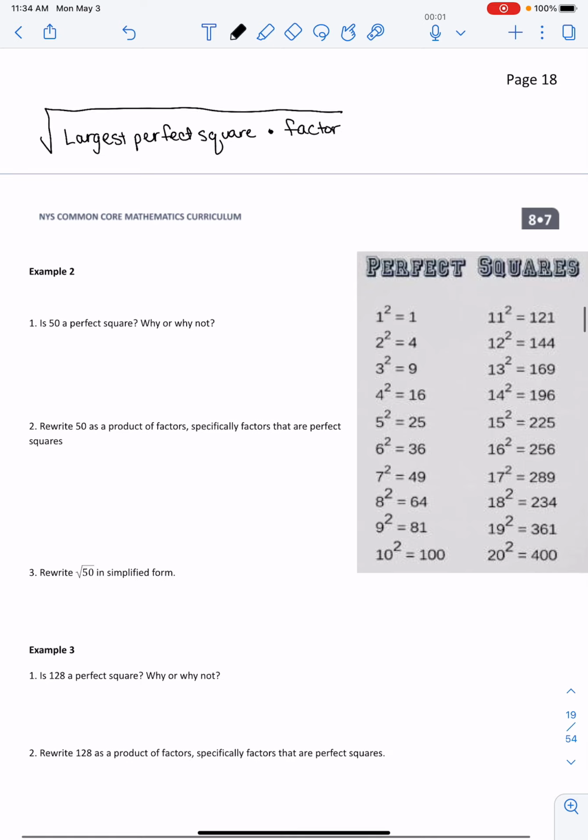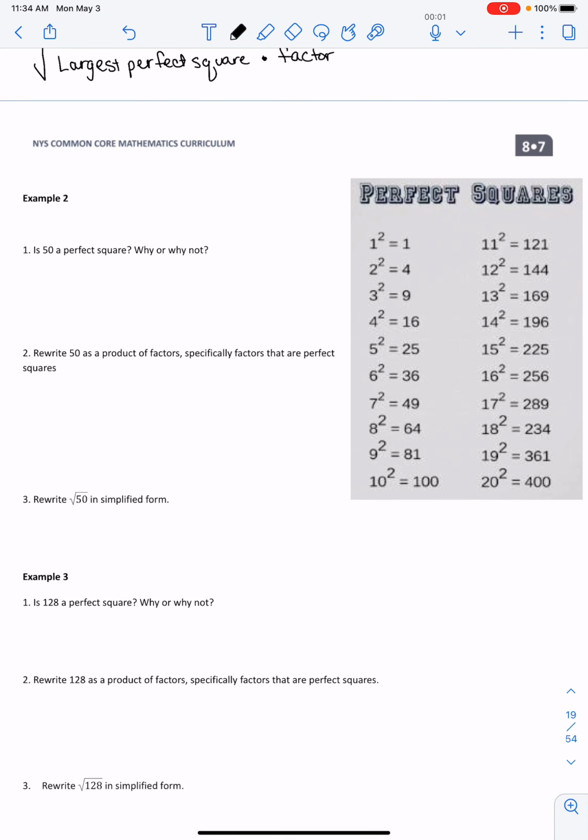So the next thing that we're going to do is it says, is 50 a perfect square? Why or why not?